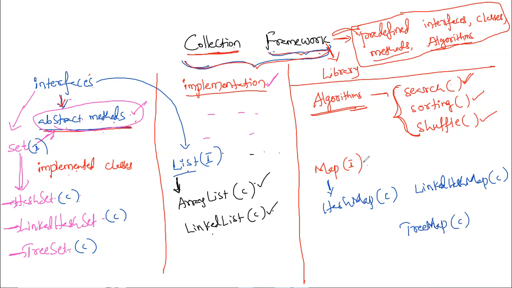Again, these interface methods are implemented individually in these three different classes, depending on the properties of HashMap, LinkedHashMap, and TreeMap. That is also done in the implementation section of the collection framework. As a programmer, we don't need to bother about implementations.